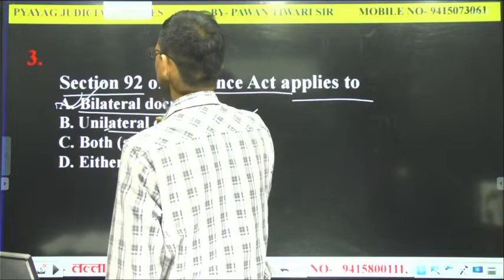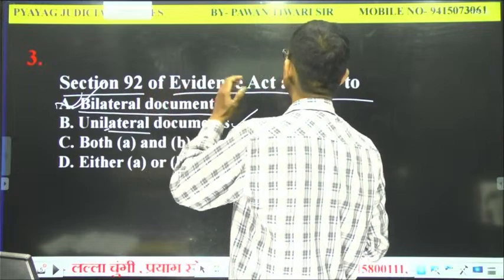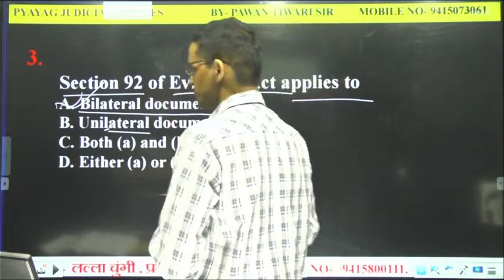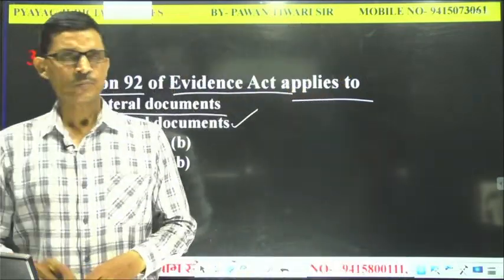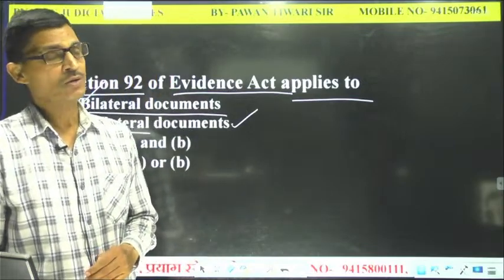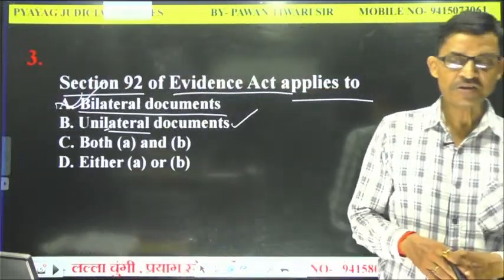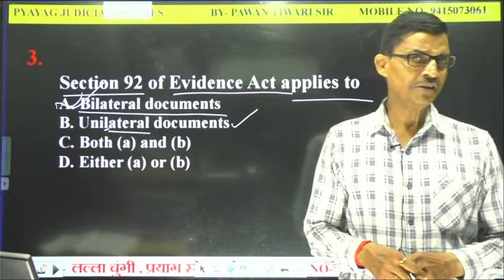Okay. Bilateral documents. Section 92 of Evidence Act applies to bilateral documents. Bilateral documents, it means on either parties. Those documents are produced by either parties of the contract, of the deed.